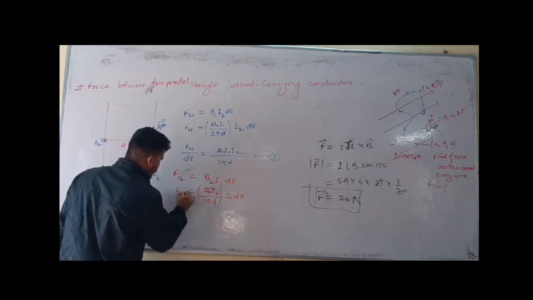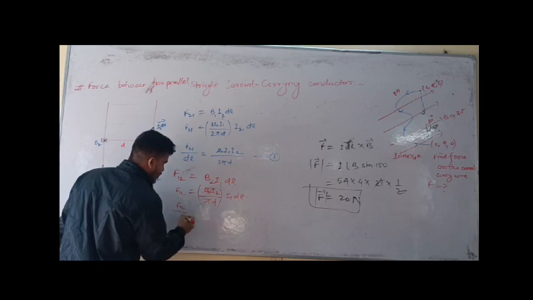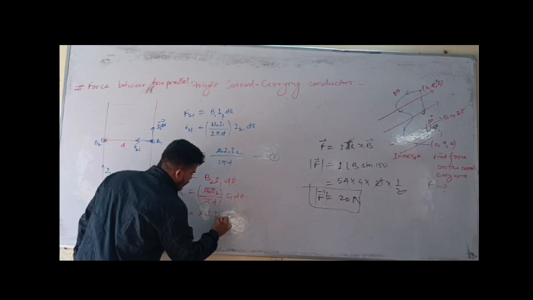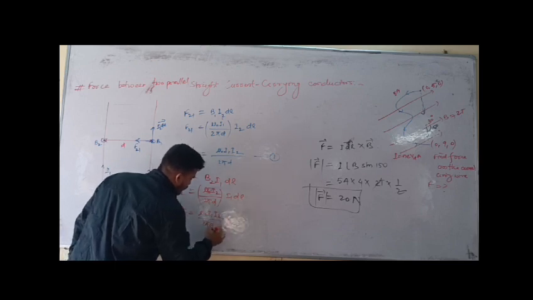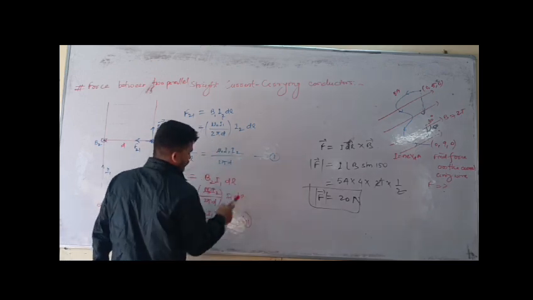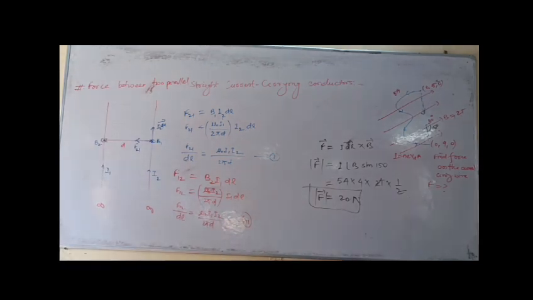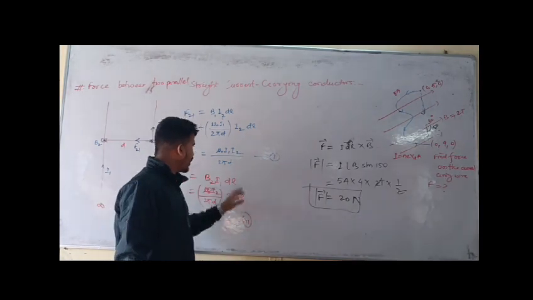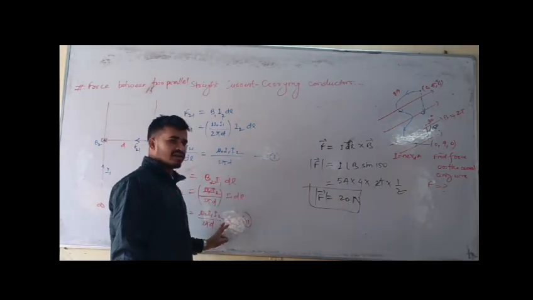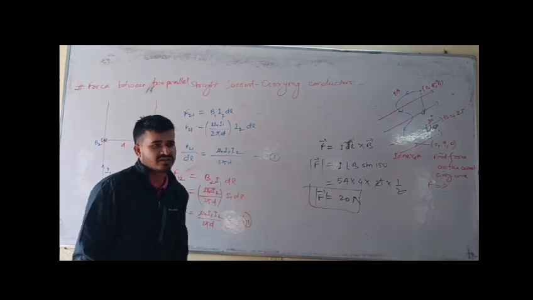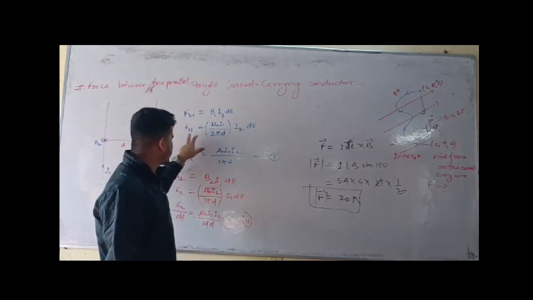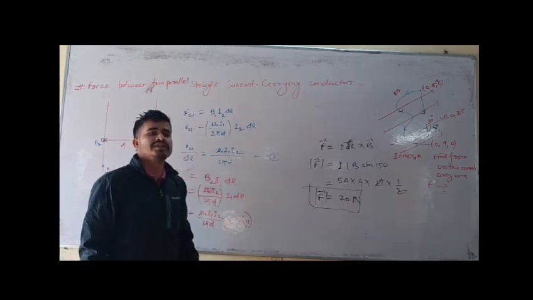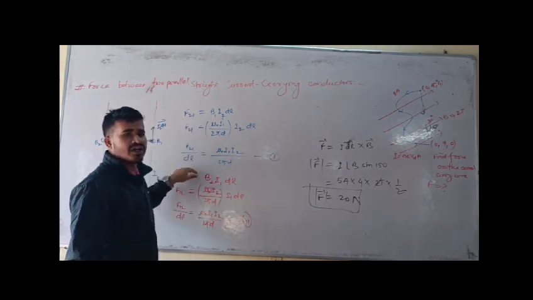So mu naught I1 I2 dl upon 2 pi d. Equation 2. Both are the same. If I had taken L1 here and L2 there, it would have been different. That's why I divided by length. What will this force per unit length be now?